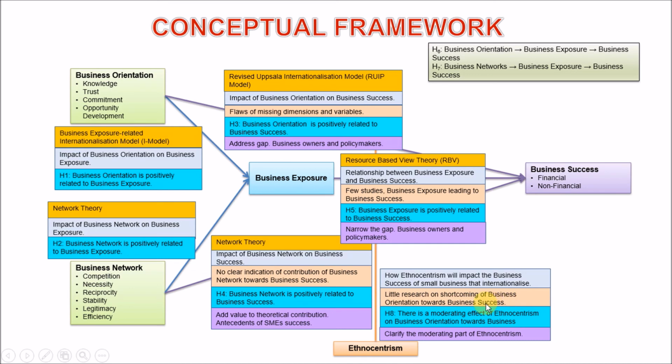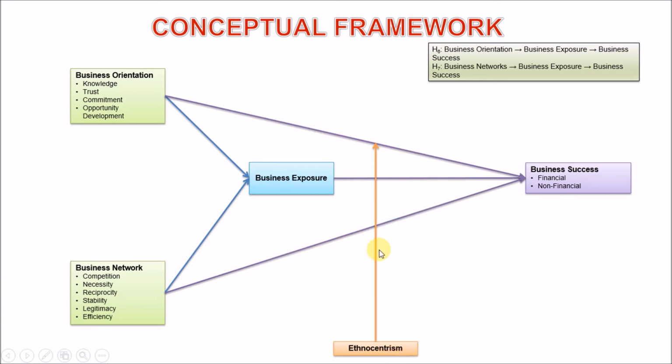Yes, that's how we have the last one, clarify the moderating part of ethnocentrism. This is the significance of the study. So come back to this, H8, we have there is a moderating effect of ethnocentrism on business orientation towards business success. So sorry, success is missing here. So business success. So that's how it is like this.